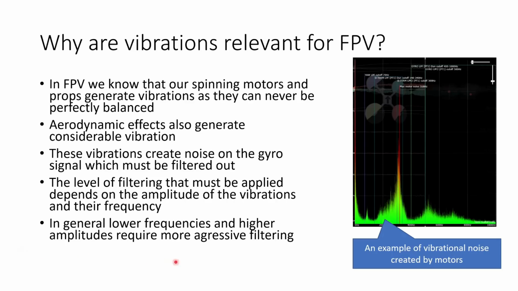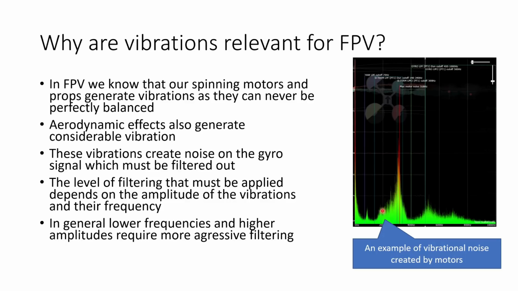If we look over at the graph on the right, we can see that at low frequencies we have some phenomena that are due to real movement of the quad. So this big spike close to zero is real movement of the quad. And this small spike here is prop wash oscillation. So that's also real movement that we want to fight against. But anything above that is what we would consider to be noise.